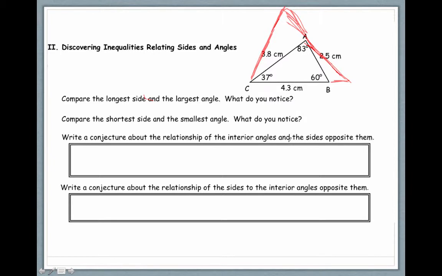Okay, so the relationship of the interior angles, this is the same. The larger the angle in a given triangle, the longer the side opposite.